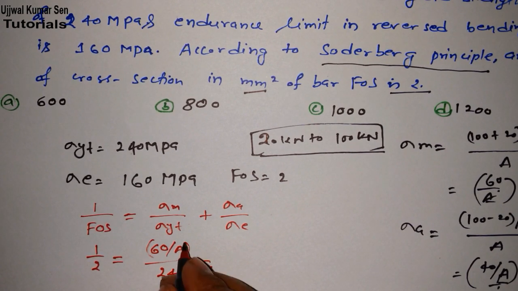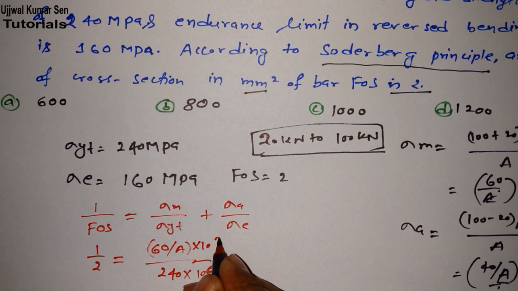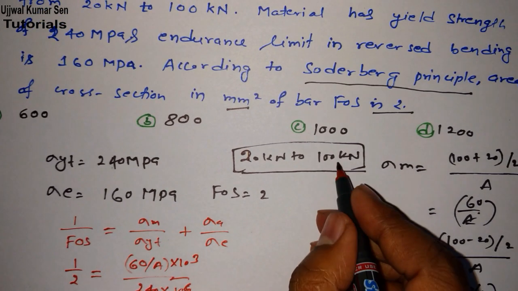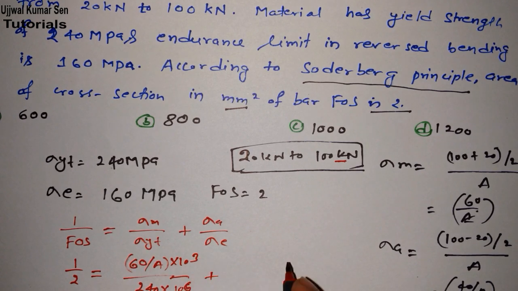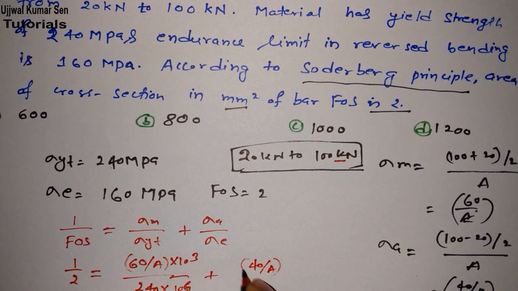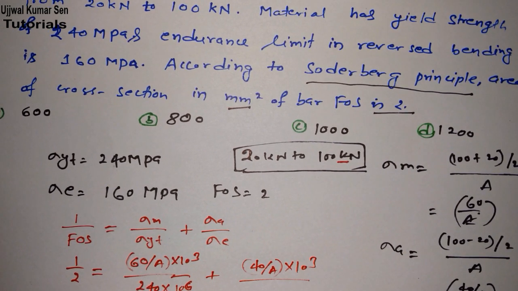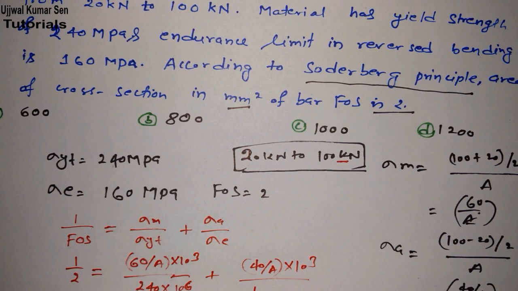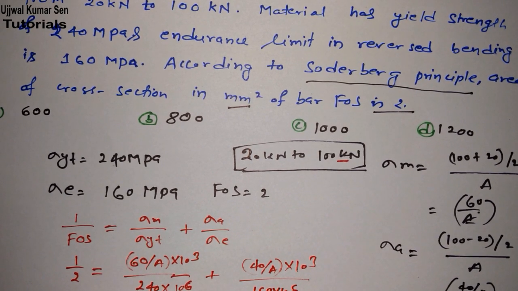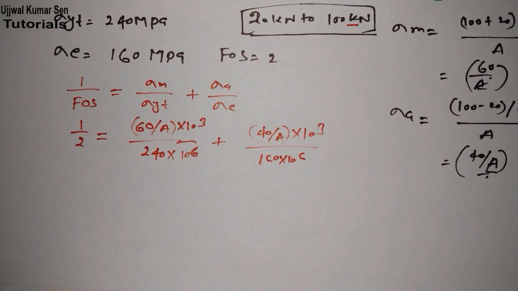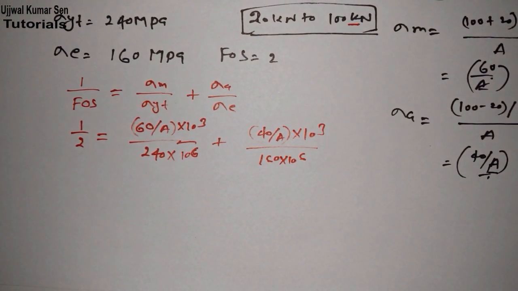Always multiply all this, and 60 by A means into 10 to the power 3, because the load is in kilonewton. Plus sigma A is 40 by A into 10 to the power 3, and then 160 into 10 to the power 6. This is the thing we need to understand.